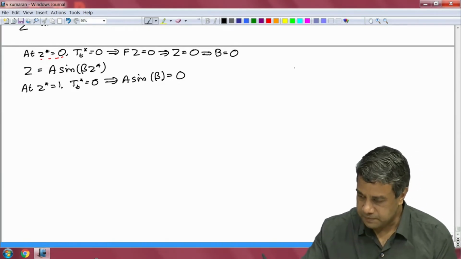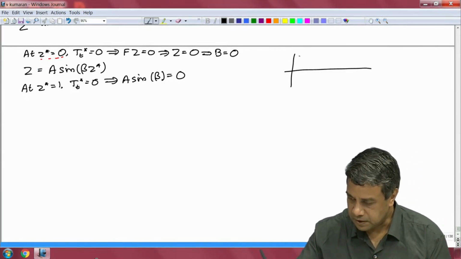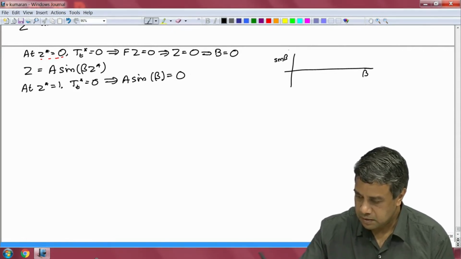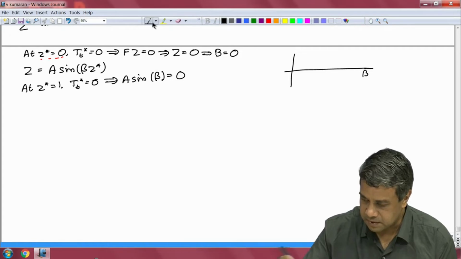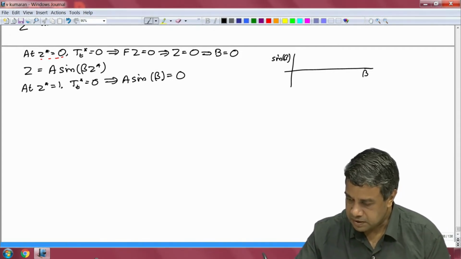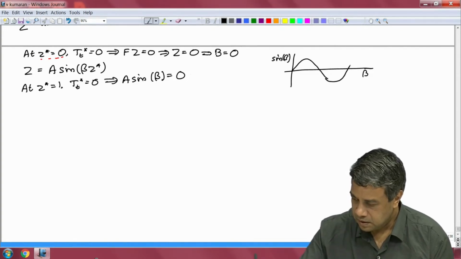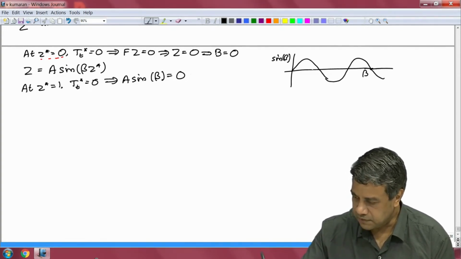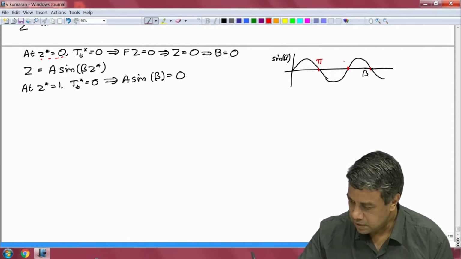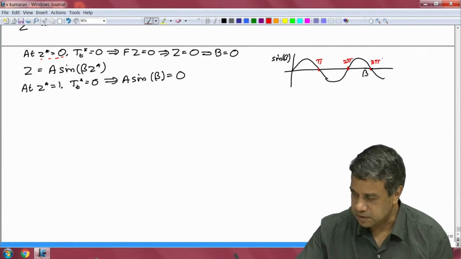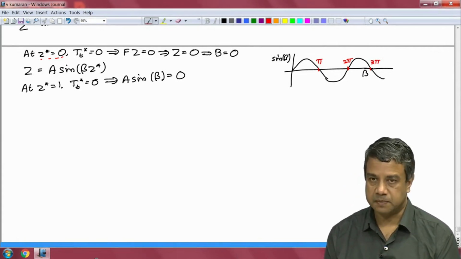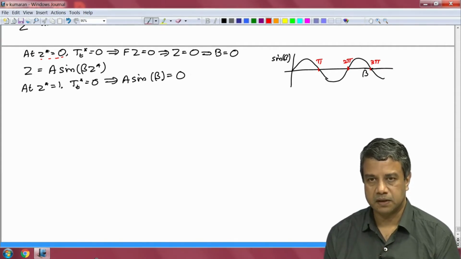Recall that the sine function, if I plot sine beta versus beta, is 0 at 0 and passes through 0 at an infinite number of points: 0, pi, 2 pi, 3 pi, etc. So, beta can assume any of those values where it passes through 0: pi, 2 pi, etc.